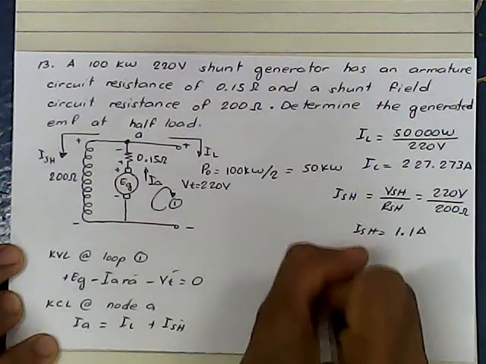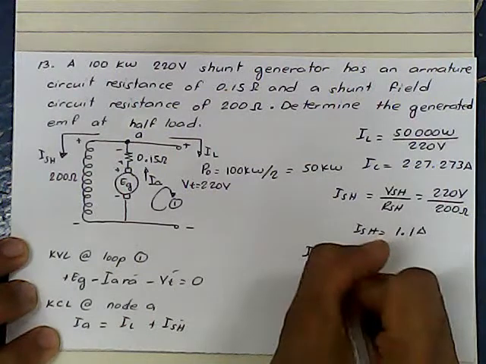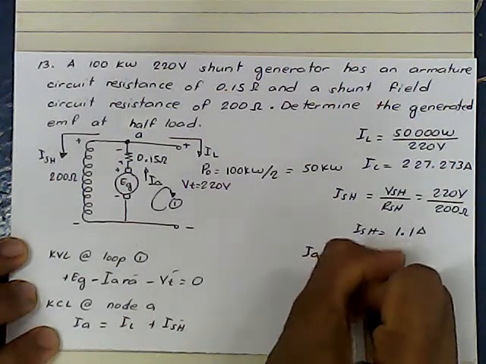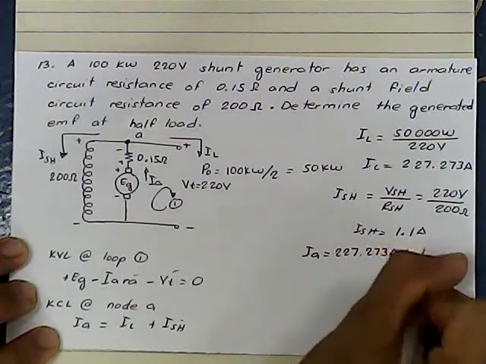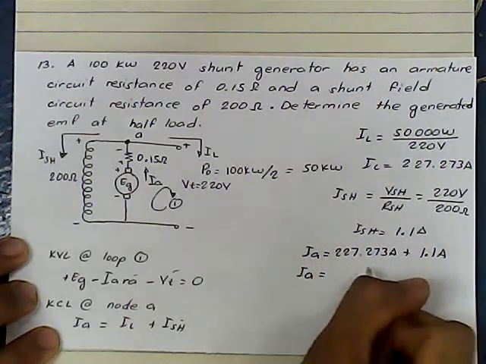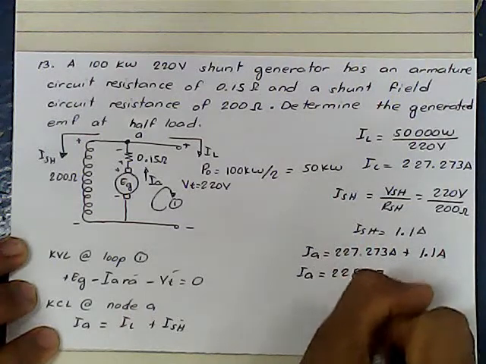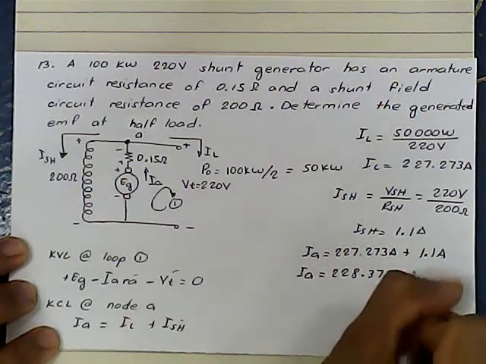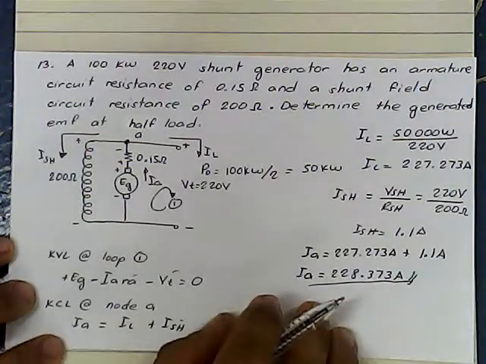We have IA equivalent to 227.273 amperes plus 1.1 amperes. That will give us IA equal to 228.373 amperes. That is our IA.